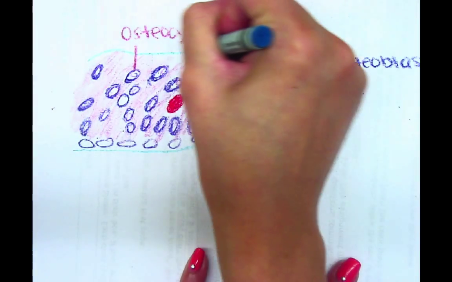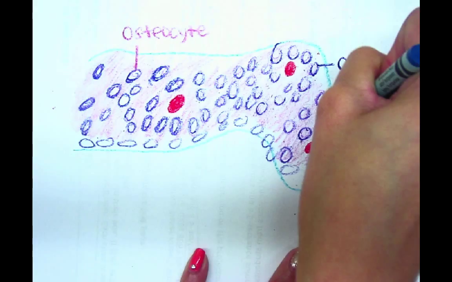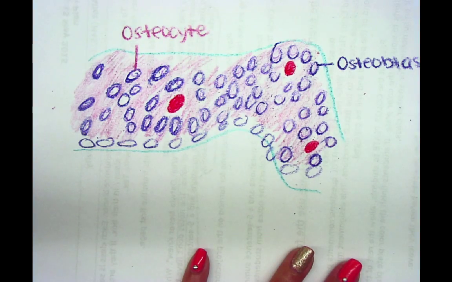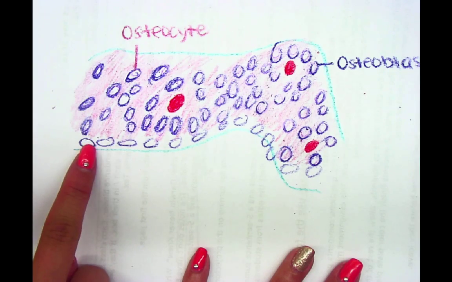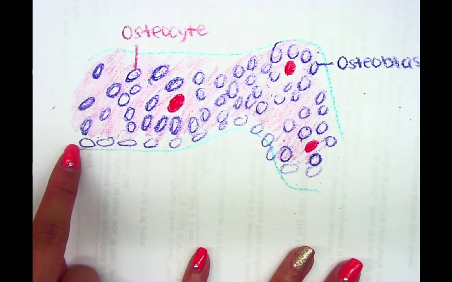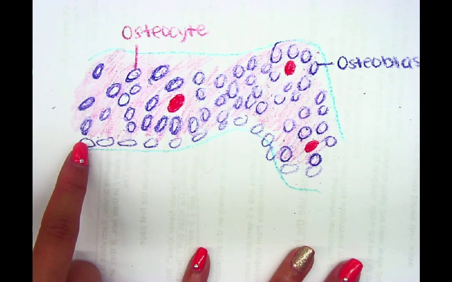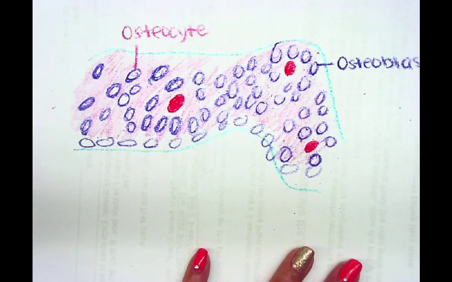And the osteoblasts that are right underneath the periosteum are going to start depositing more bone matrix, and this time, when they make more bone matrix and more copies of themselves, they're going to do so in a much more organized fashion.